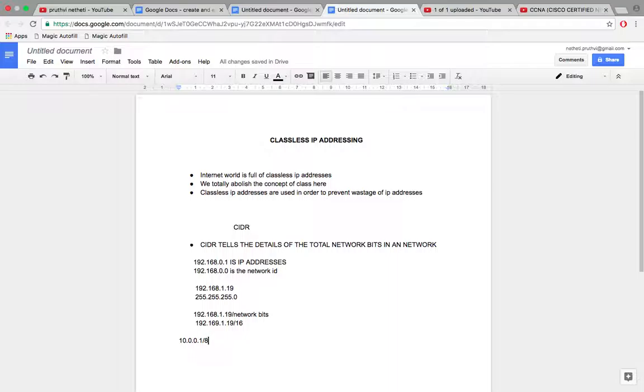It's a Class A IP address with subnet mask of 255.0.0.0. That's how we use CIDR notation theoretically to find what class of IP address we're using. Now the real question arises.